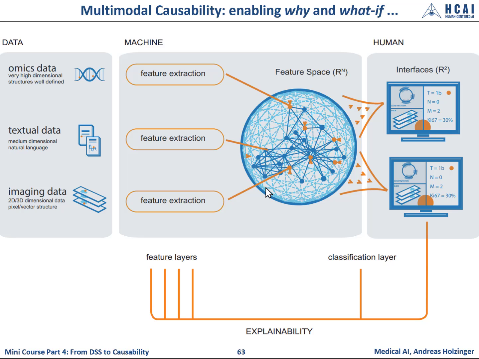That means human-AI interfaces which enable a domain expert to ask questions about the results in order to understand why a machine came up with the result, and to ask these what-if questions, these so-called counterfactuals, to gain deep insight and understanding into the underlying explanatory factors. For example, how will the result be affected when leaving specific features away?